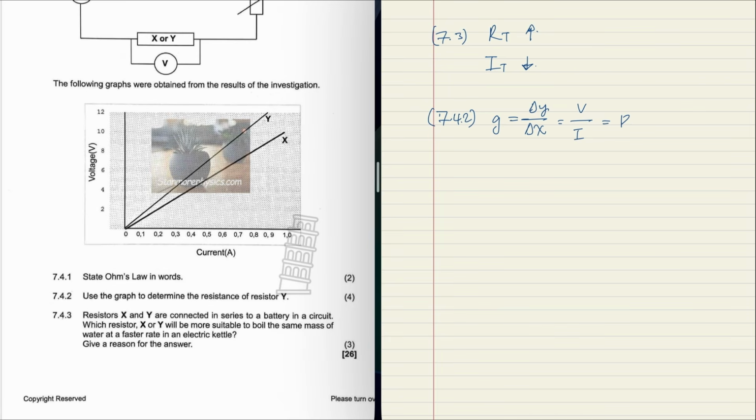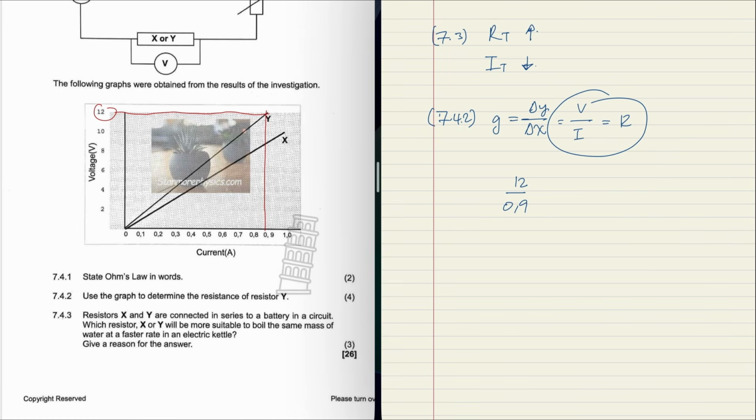So R is equal to V over I. So if you work out the gradient of this line, you're going to get the resistance. So simple, work out the gradient. To work out the gradient, we need two coordinates. I'm going to say that that is 12, and I'm going to go with that as 0.9. So I'm going to use 12 divided by 0.9.